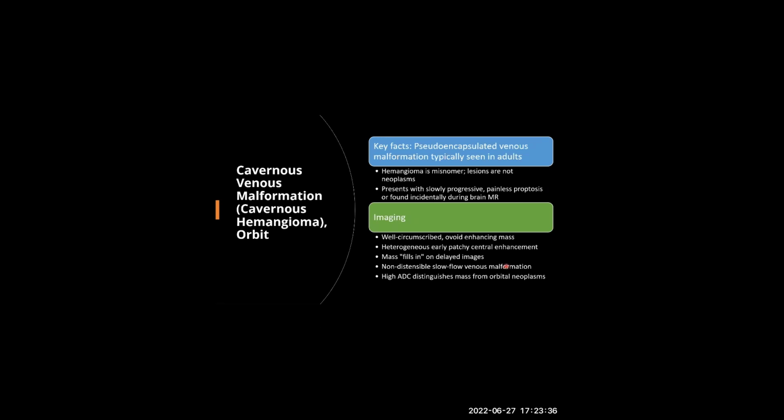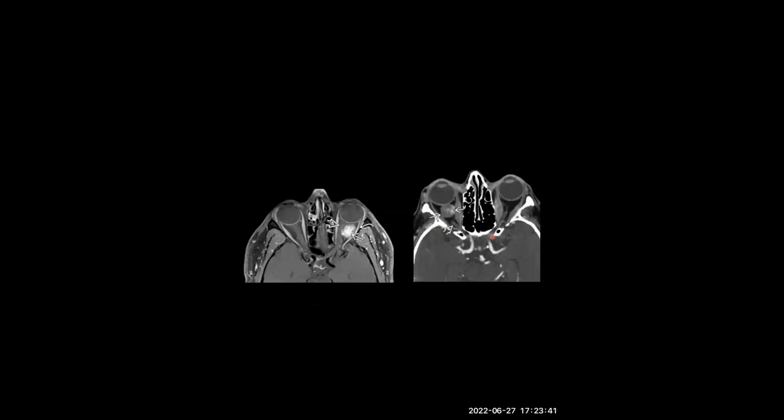In the diffusion, it will appear with high signal, and when you do the ADC, it will also appear as high signal. If there is a tumor, this means diffusion restriction, so it will present with high signal in the diffusion and low signal in the ADC value.